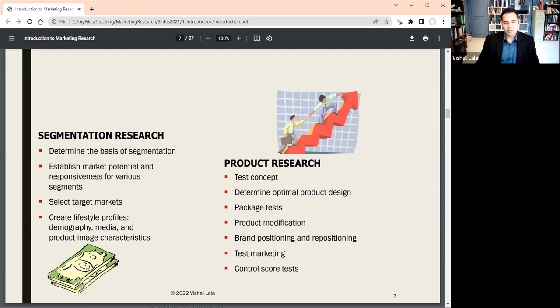Typically, we see with marketing research, companies try to solve problems regarding segmentation, identifying the right target market. We also see examples of marketing research in product design, where companies are interested in designing a new product, a new packaging, thinking about repositioning a product.